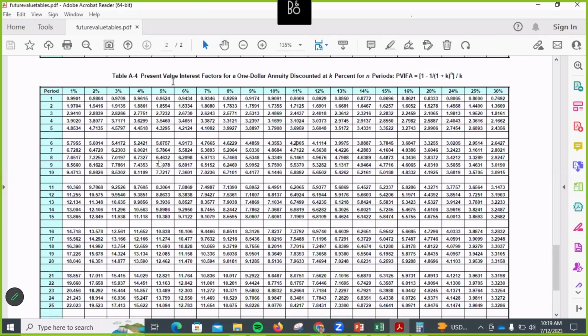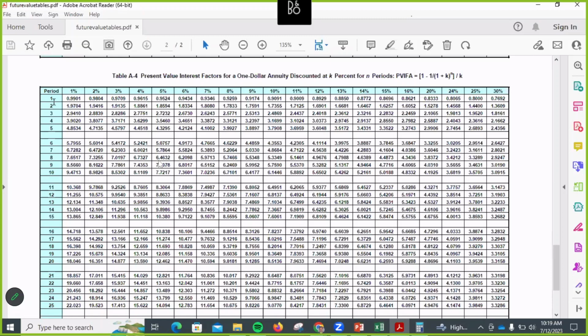So here the present value of 1 rupee annuity is there. Started from this, you can see the values increasing over here. When the interest rate is increasing, the value changes.